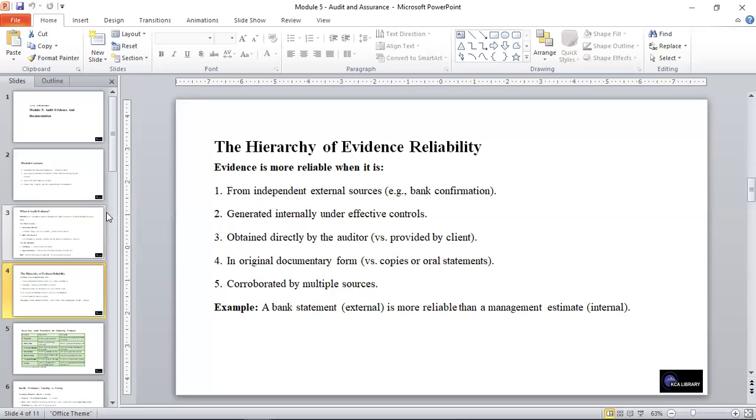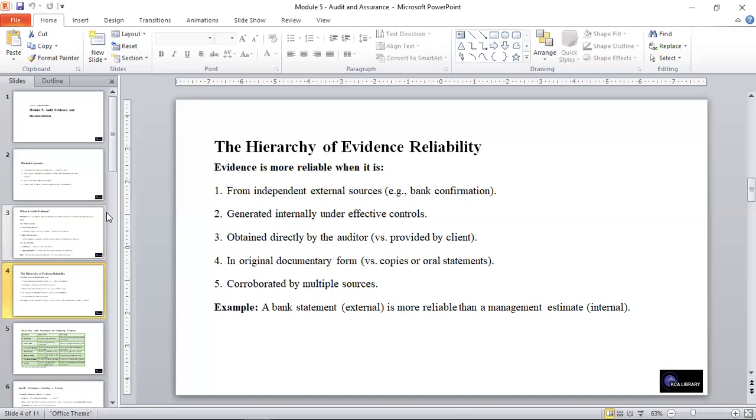It is also reliable when it is obtained directly by the auditor and not provided by the client. And also it is reliable when it is in original documentary form. When we talk about original form, we mean as opposed to copies or oral statements being made.